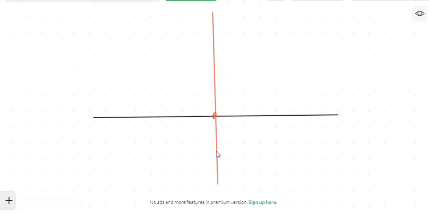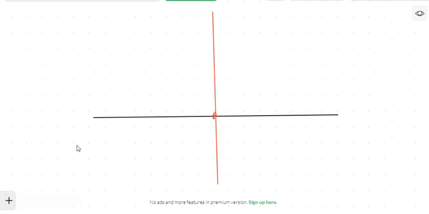Because this red line is dividing this line into two equal parts, or we can say that this red line passes through the midpoint of this line. That's why this red line is called a bisector.